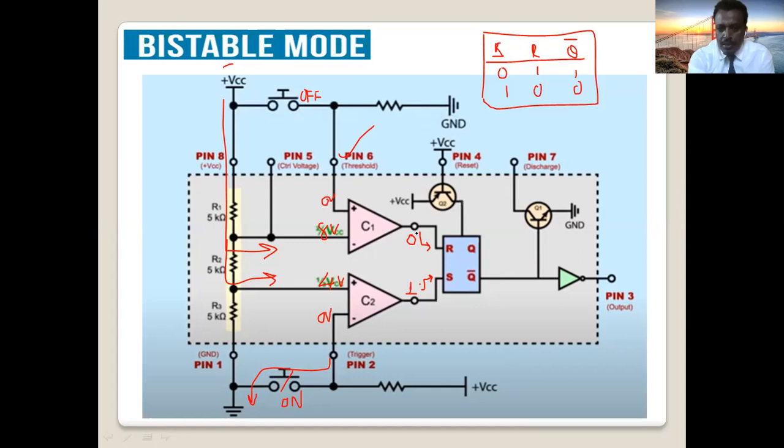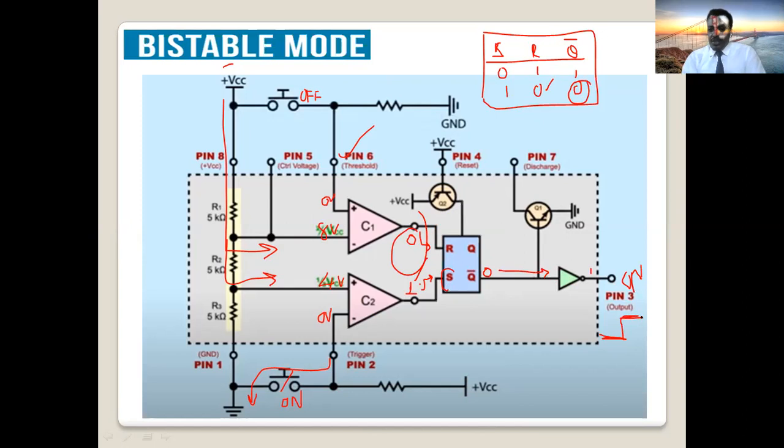Now R is 0 here and S is 1. So what will be Q bar? Q bar will be 0. Now this 0 comes to the inverter, 0 is converted into 1. Now the output becomes on. Previously it was 0, now it becomes on.